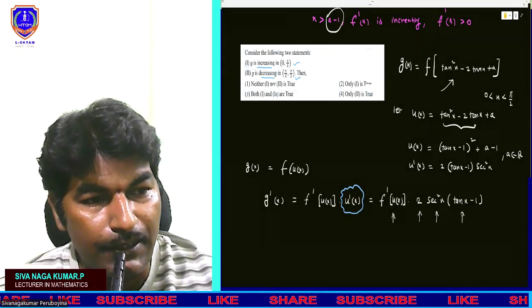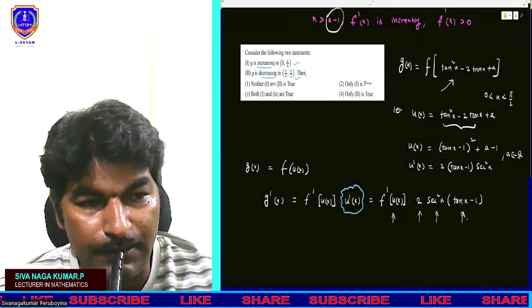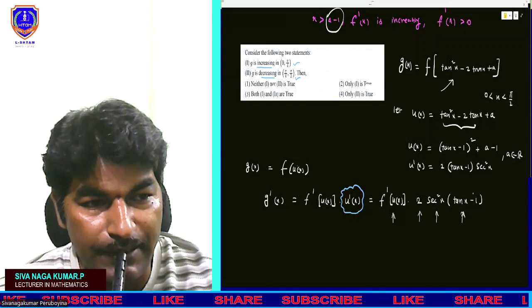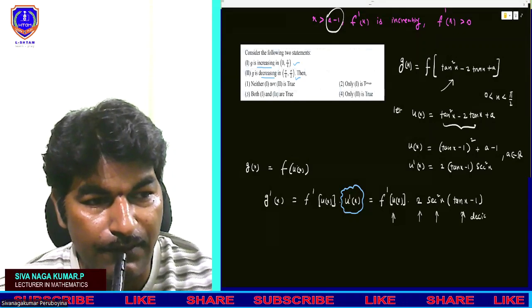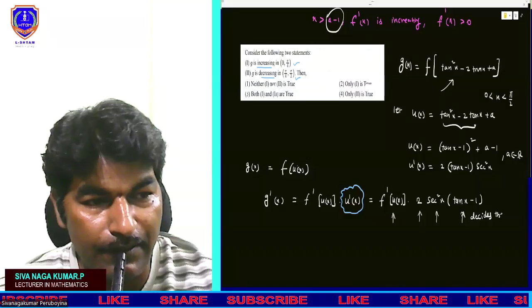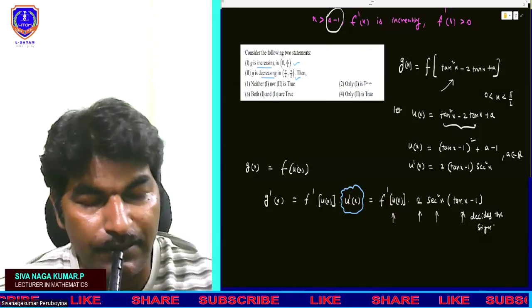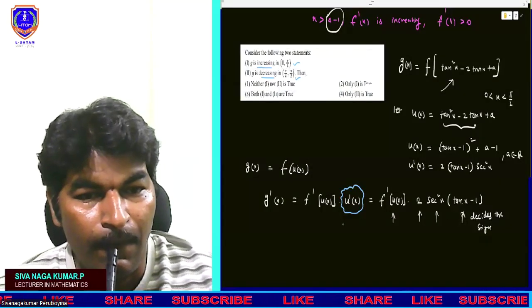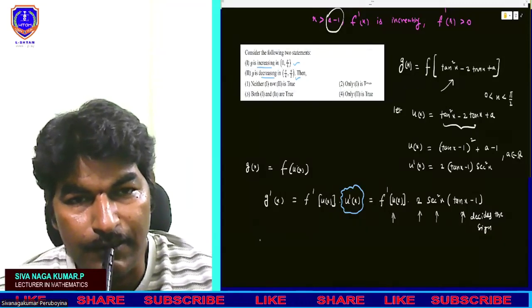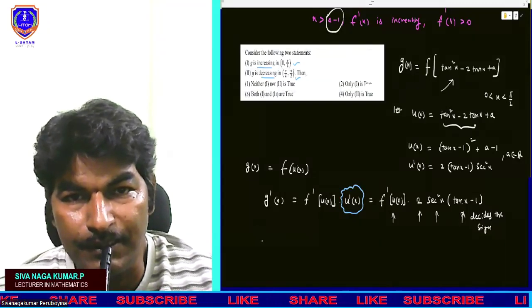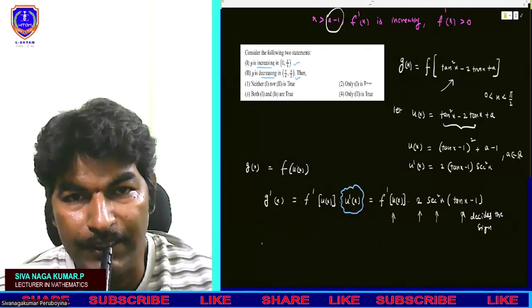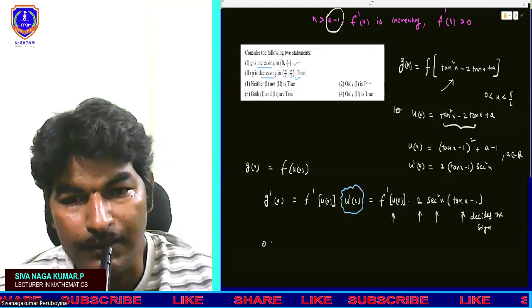Now, this value decides the sign. Sign means here increasing or decreasing. Okay, let us go with this, g. Case 1, we will discuss like this.